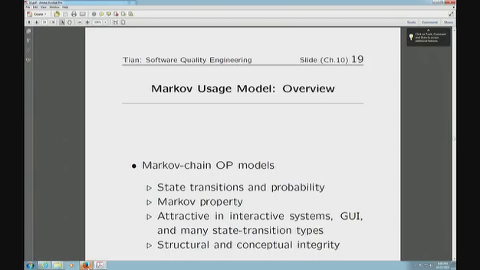Essentially we have the basic finite state machine, and then we add the probability to the state transitions. Okay, it can be attractive in interactive systems, the GUI, and many state transition types of things with uneven usage.